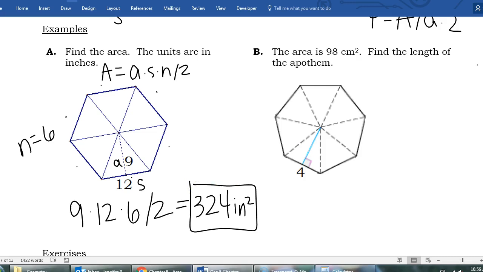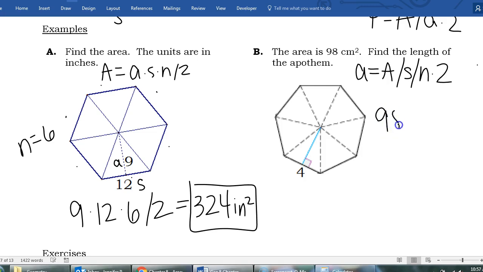Letter B gives me an area of 98 square centimeters, and I want to find the length of the apothem. If I need to get the apothem, I'm going to take my area divided by my side length divided by number of sides times 2. We had that formula up above.